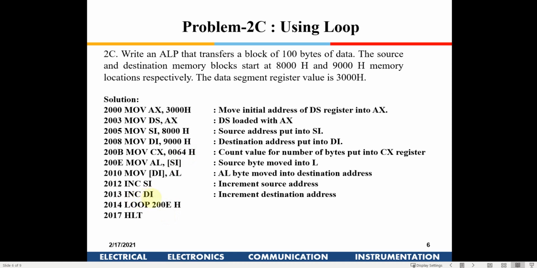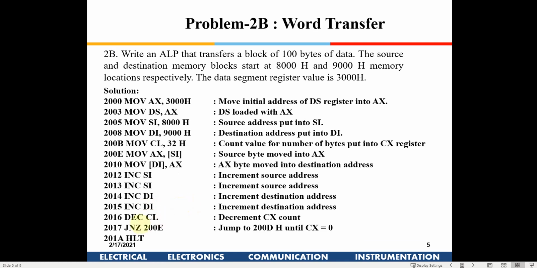So we can use a loop. A better option is to use a word and then a loop, which will use fewer cycles. But using a loop or using a jump doesn't make any difference, because a loop is actually decrementing CX and jumping, these two instructions combined as loop.